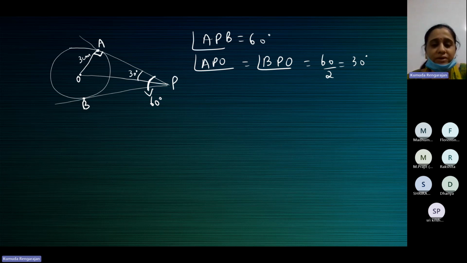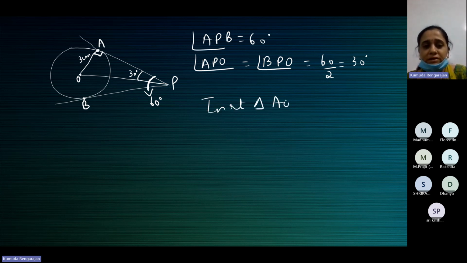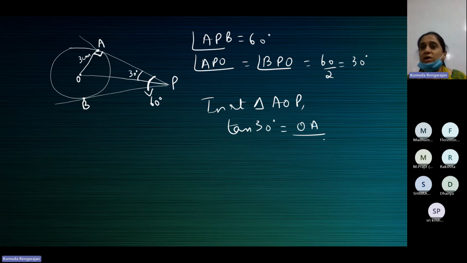In the right triangle AOP, tan 30 is equal to opposite OA by adjacent. Adjacent is not OP because OP is the hypotenuse. So AP is the adjacent.